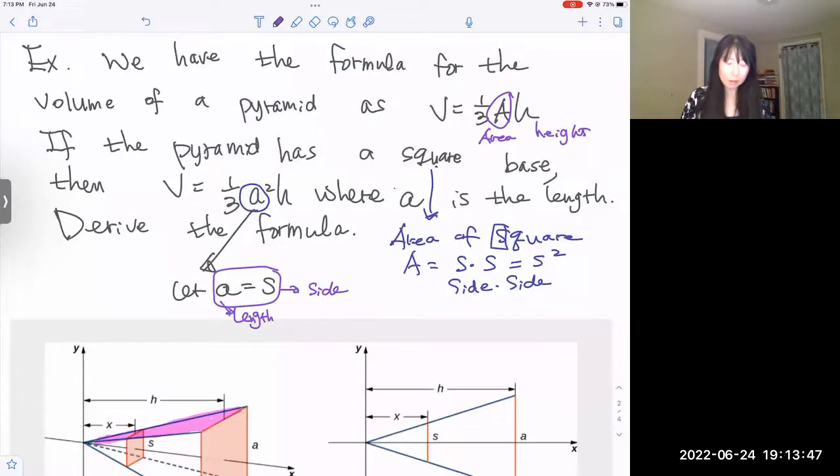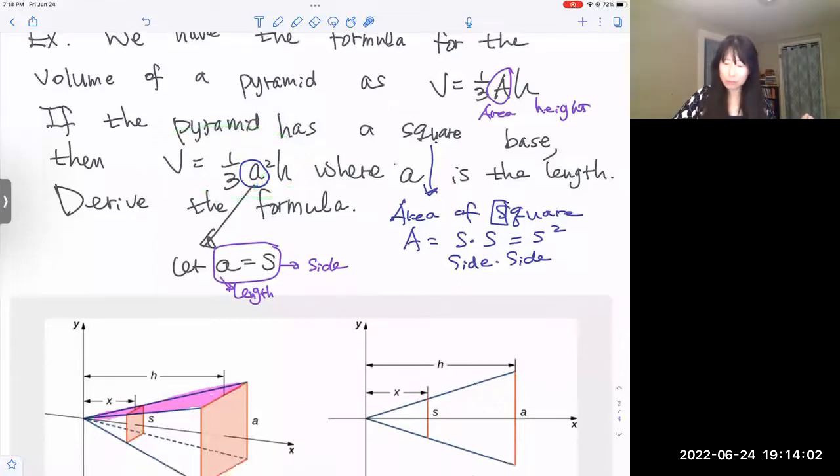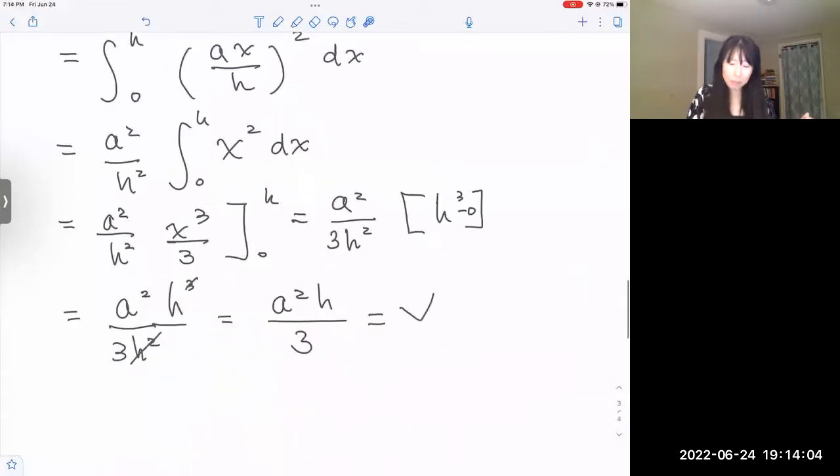This is side. So this is the pyramid, right? The volume is 1/3 a squared h. This is how we derive it. Okay. All right. Let's move on.